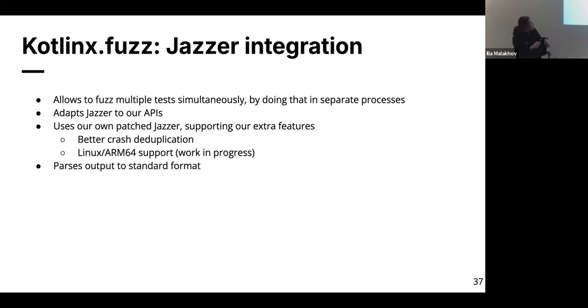Also, we actually patched Jazzer to add some more features. One of them is better crash deduplication, which I will dive into later. And the other thing is Linux ARM64 support, which we are working on now.